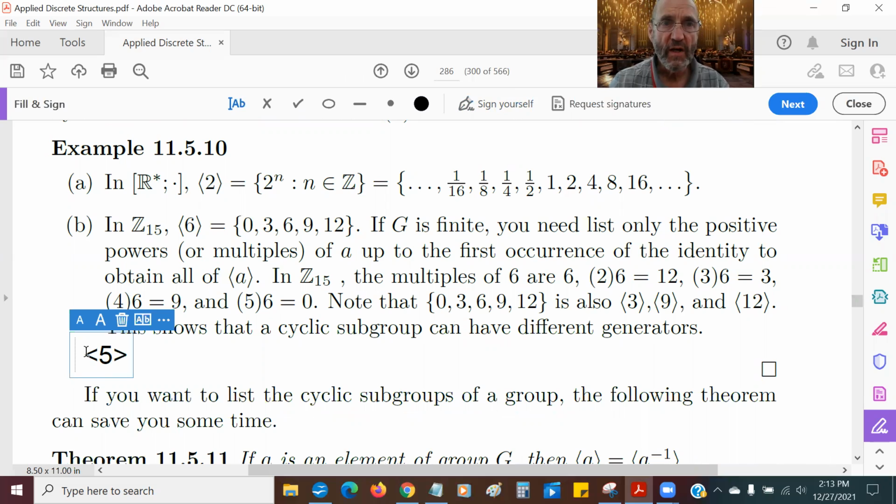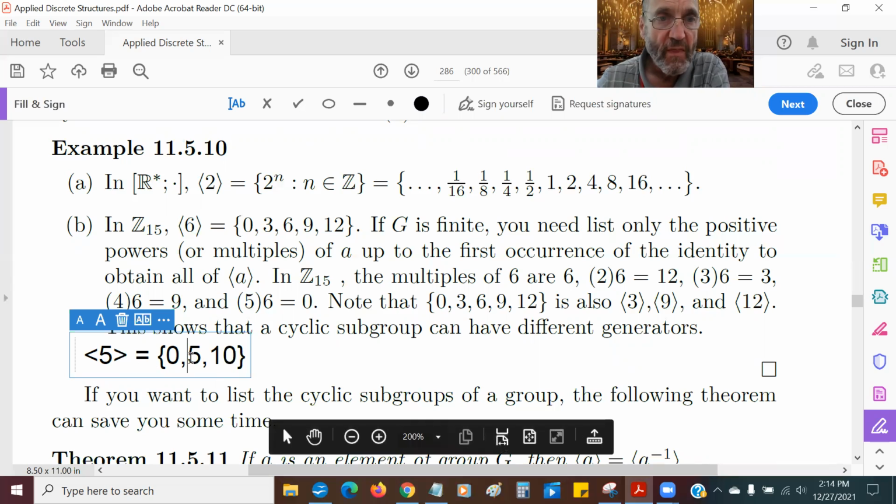Well, the multiples of 5, mod 15: 5 times 2 is 10. 5 times 3 is 15, which is the same thing as 0, and then we're done. 5 times 4 is 20, which is back to 5.